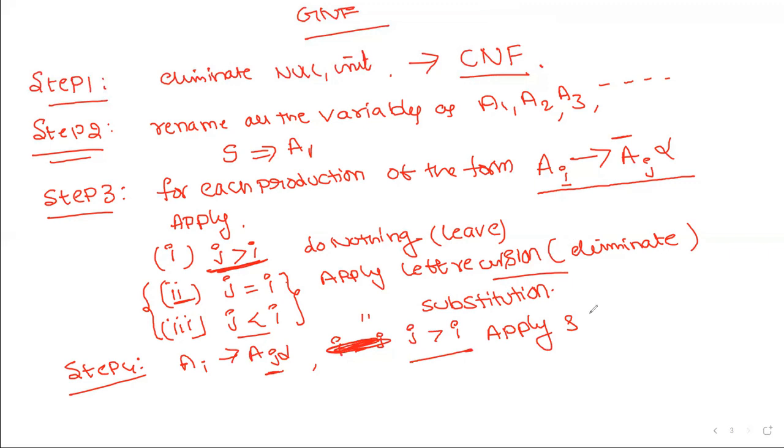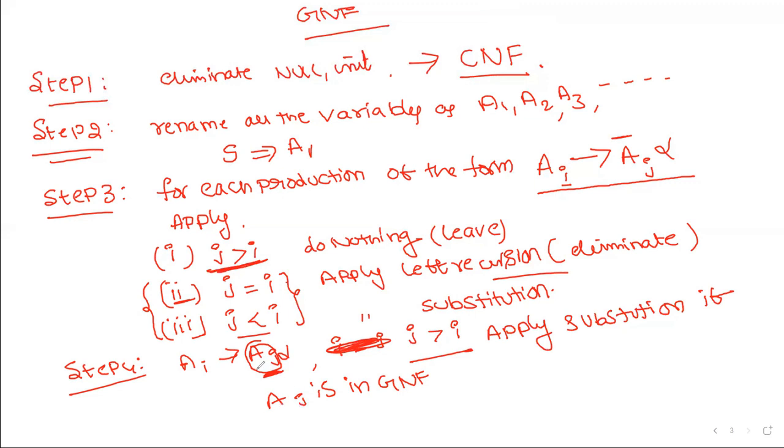In this step, what we are doing? Simply apply substitution, when Aj is in GNF. That means if the production Aj is in GNF, then what to do?